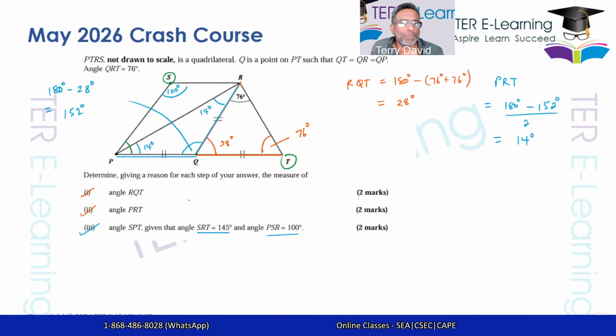And we also know that SRT is 145. So this diagram is definitely not drawn to scale, right? So this whole angle here, SRT, make sure I put this correct here. Yeah, so that's SRT. That whole angle there is 145. So you want to work out what is that green angle.